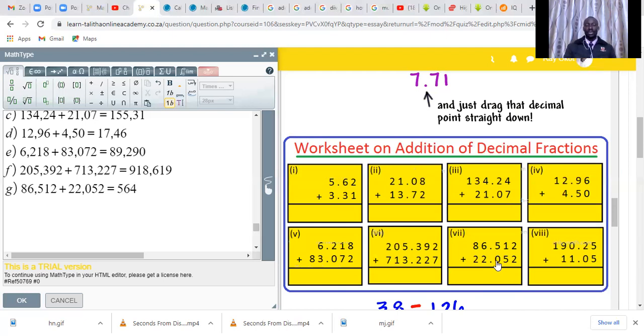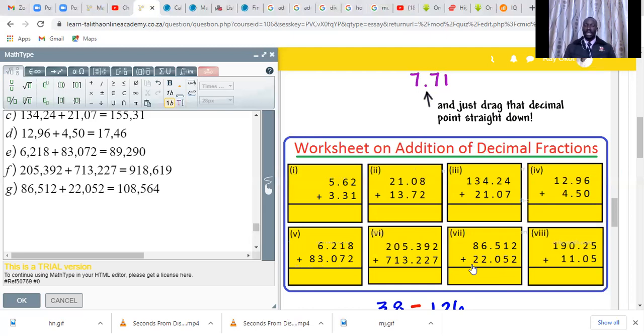Then in the next step, we drag the decimal point. Then when we add 6 to 2, we get 8. And if we add 8 to 2, we get 10. Yes, that is what we get in adding those two.